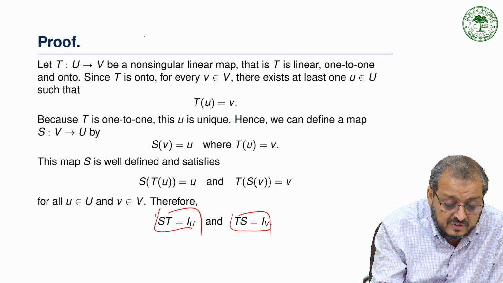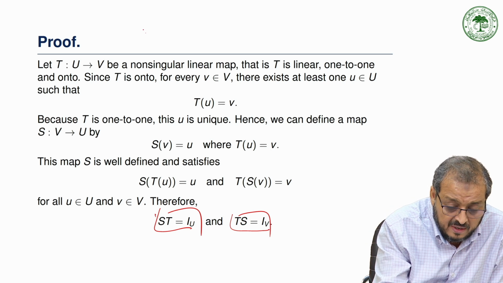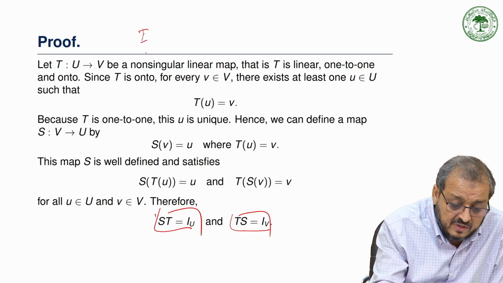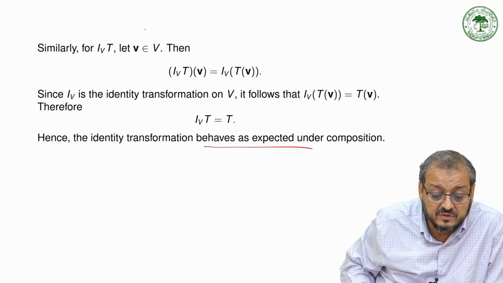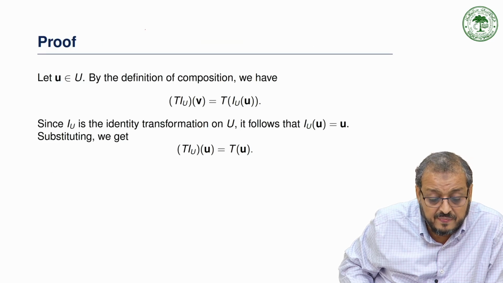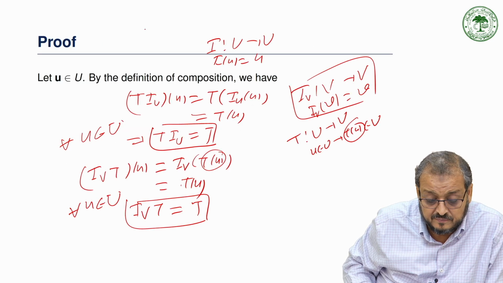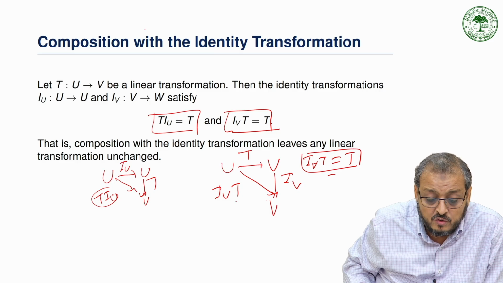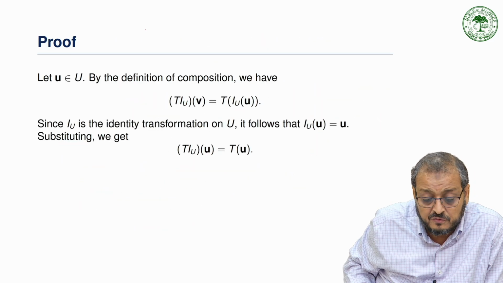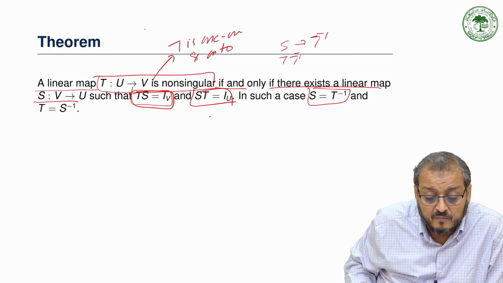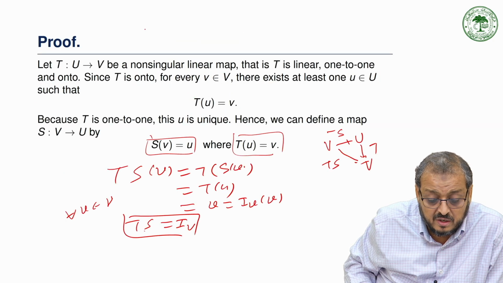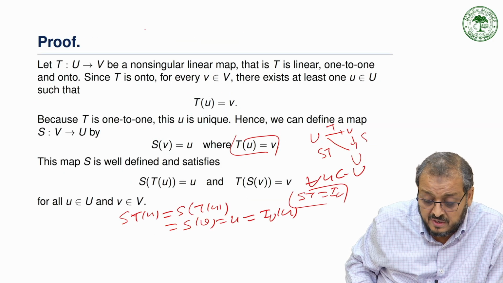We can say that I of T is equal to T, and T of I is T. Okay, so this is complete.